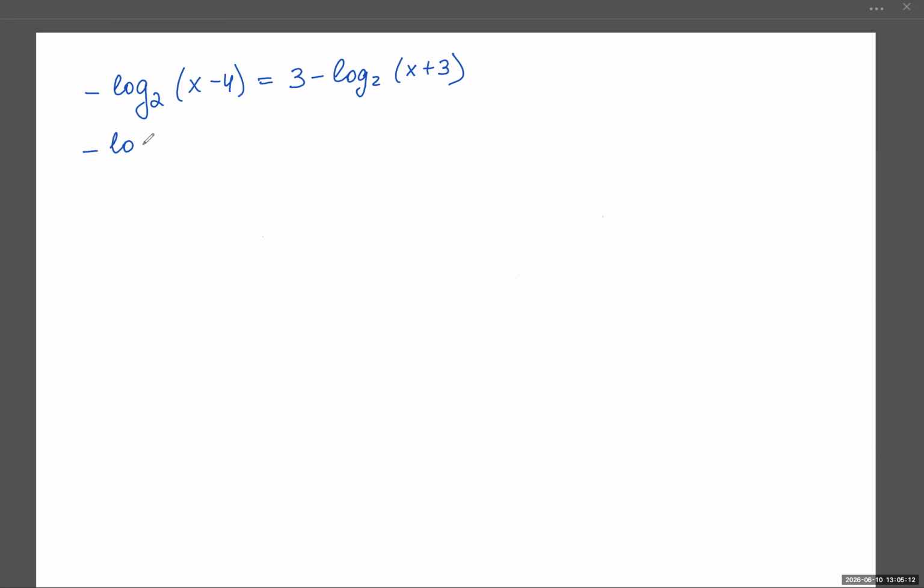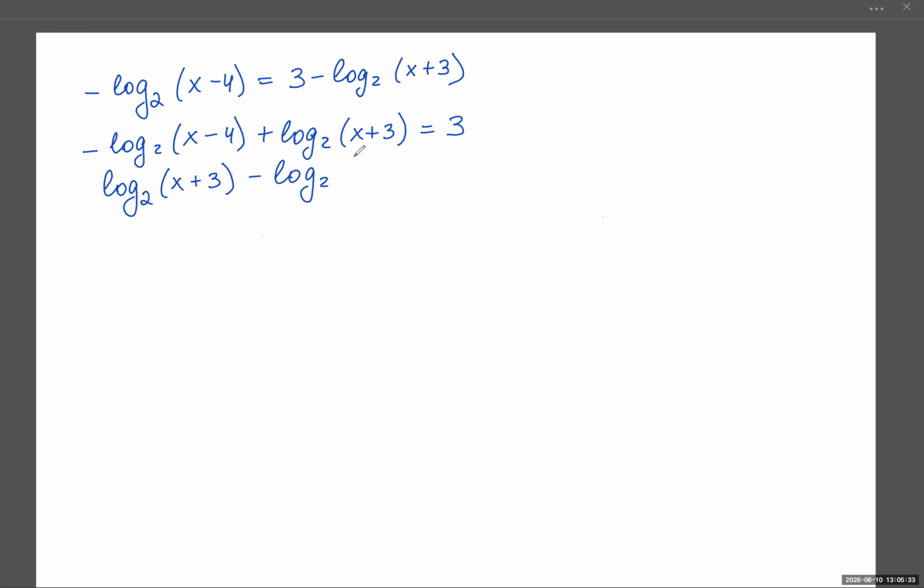So negative log base 2 of (x minus 4) plus log base 2 of (x plus 3) equals 3. Now, you can go ahead and combine them here, but I'm going to rewrite it one more time, the positive log first, and then the negative log, just to make our lives a little bit easier on the next step.